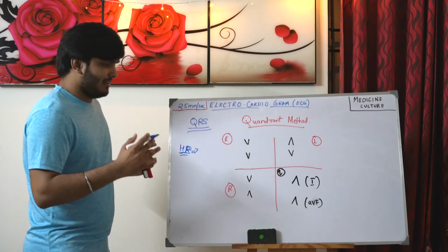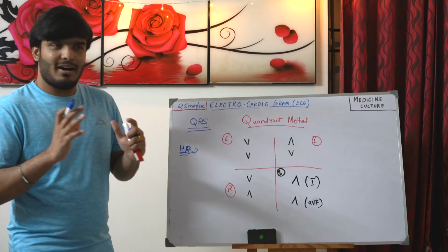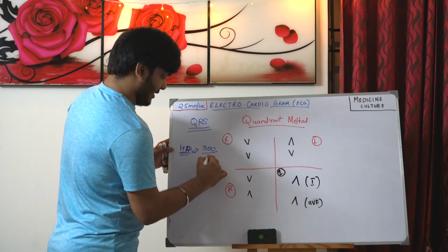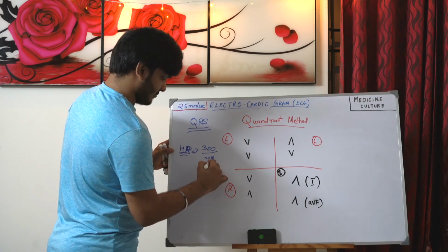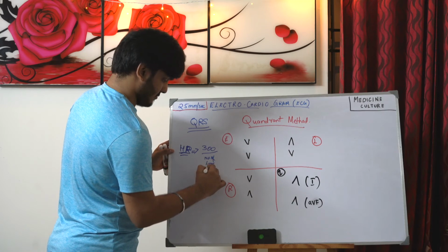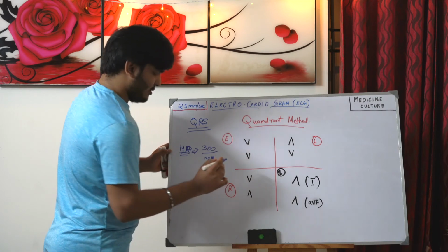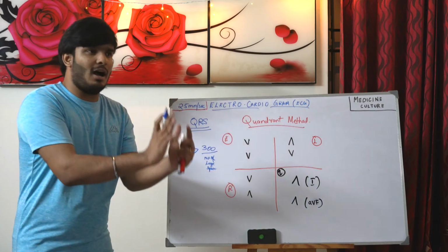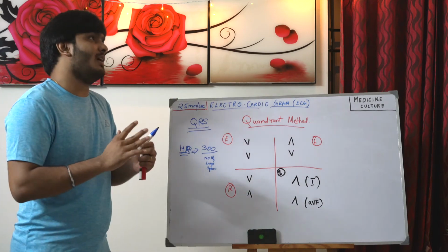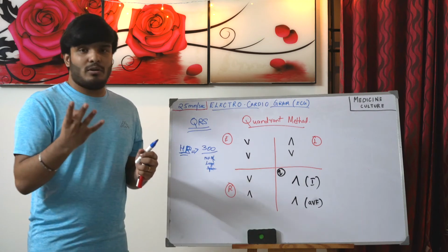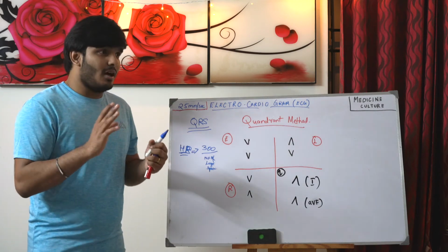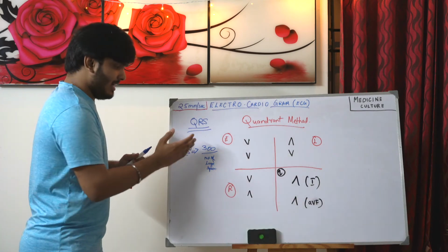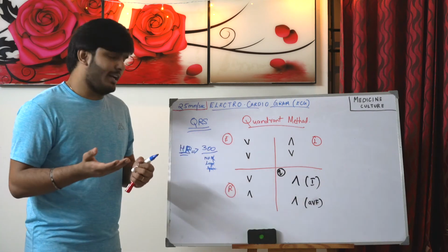This is just for rough use: 300 divided by the number of large squares between one R wave and the next R wave. For example, if I have 3 large squares between one R wave and another, that means 300 divided by 3, so the heart rate of the person is 100.